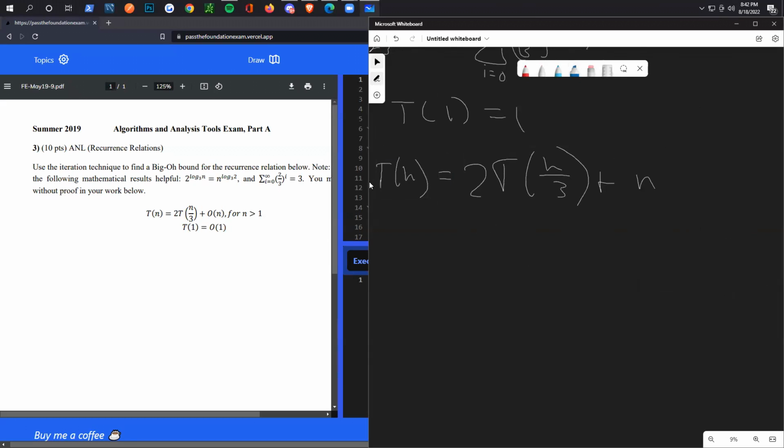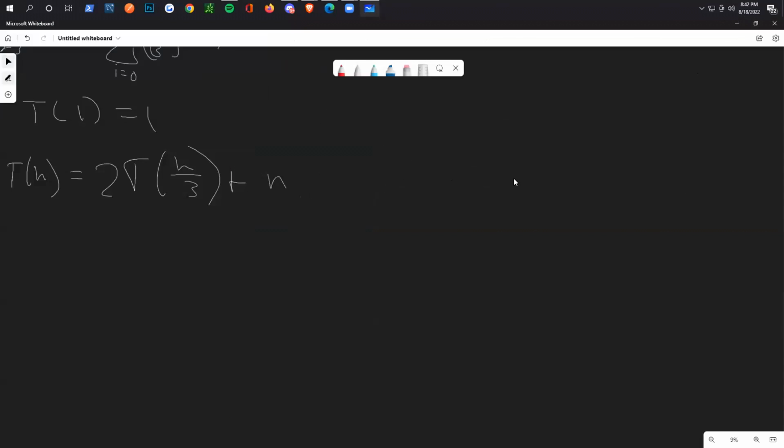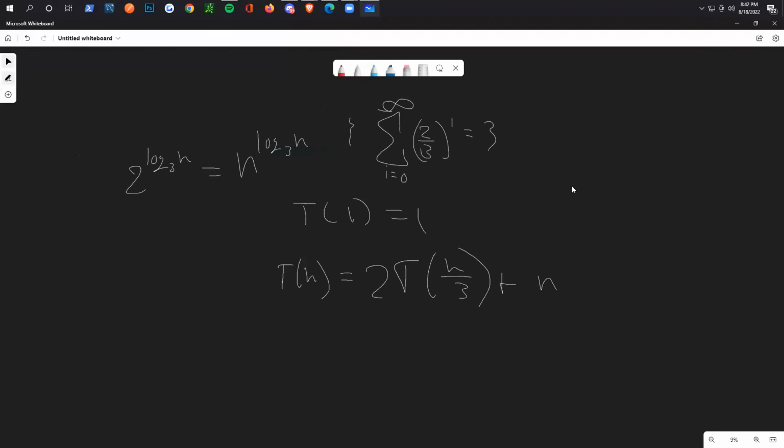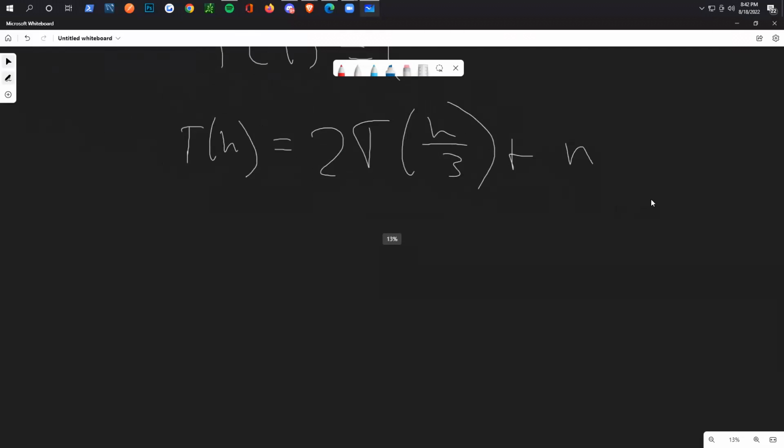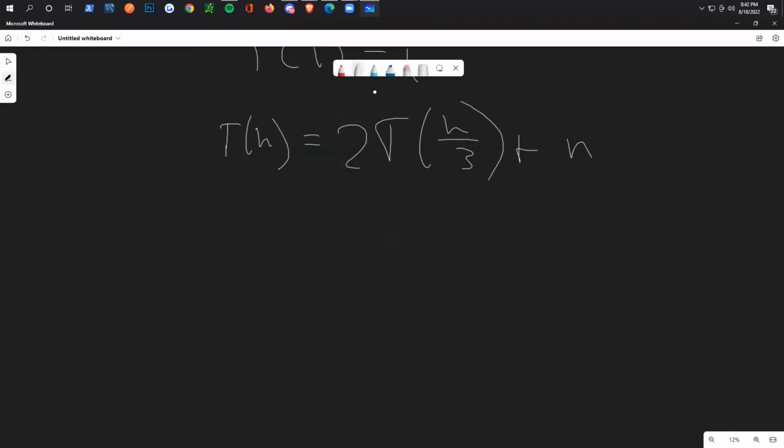Okay, so this is the same iteration. So now I'm not going to write down T of n minus 1 equals and then plug it back in. I'm just going to go straight through it because I'm sure you guys got it now. So let's just go straight through it.